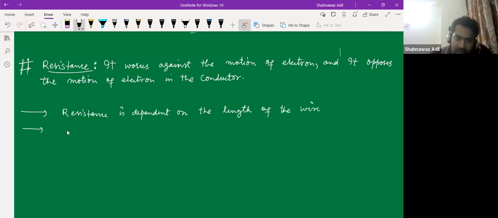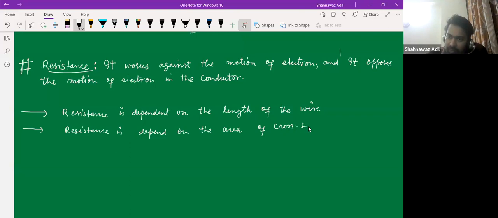Then it is also dependent on the area of cross section of wire, right?